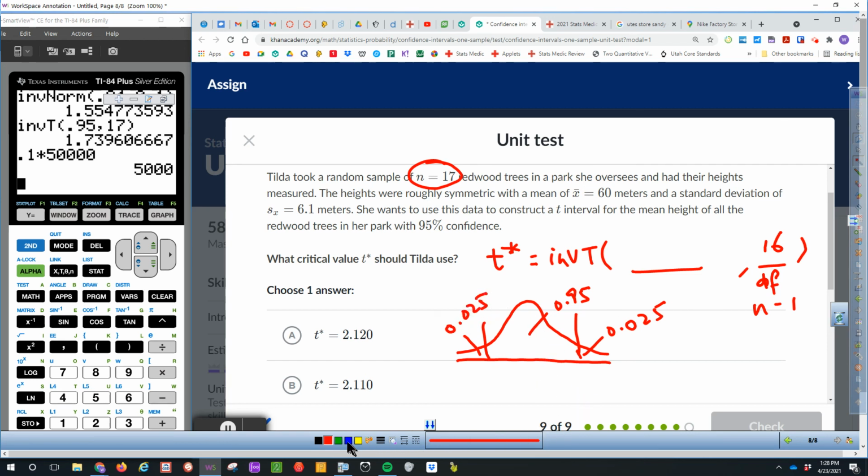And this is your T star. So area to the left, all of it, it's this plus this, and that gives us 0.975 with degrees of freedom 16.